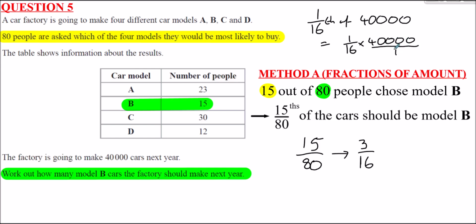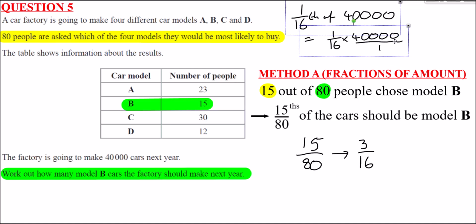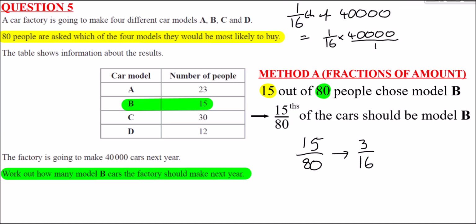In other words, I can frame this as 40,000 on top and 16 on the bottom, by multiplying the numerators together, and the same with the denominators. So 40,000 all over 16. Now both 40,000 and 16 are even. That means we can halve the top and halve the bottom. So we get 20,000 over 8.